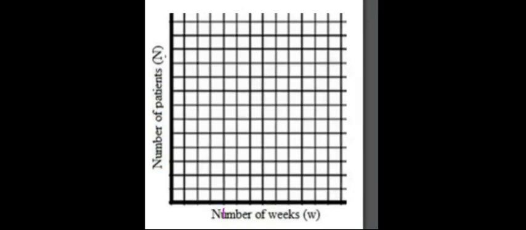So I'm going to put 1 here, 2 here, and 3 right here. And I'm going to have to label my y-axis. So I'm going to go by 10: 10, 20, 30, 40, 50, 60, 70, 80, 90, 100, 110, 120.